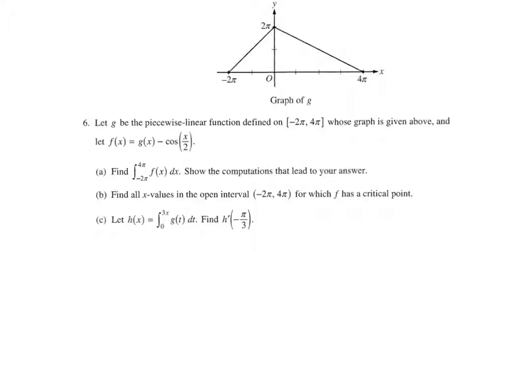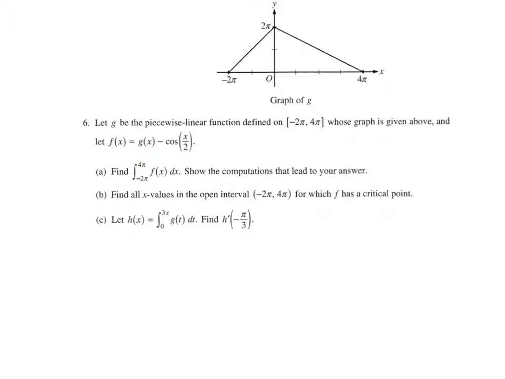Okay, but we're defining a function f as being g of x minus the cosine of x over 2. And the first thing they want us to do is find this definite integral, and they want us to show the computations that lead to this answer. Well, you know that f of x is equal to this. So one of the things I would do in this problem is break that into two integrals.